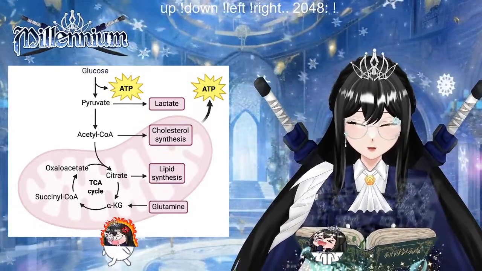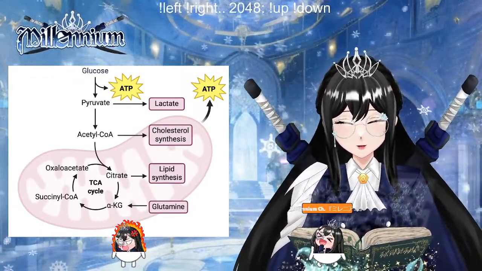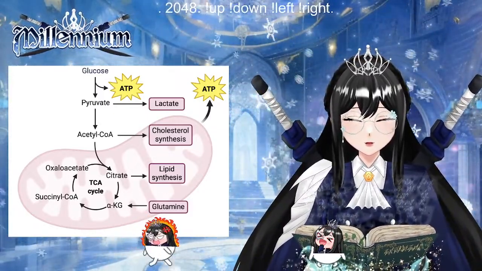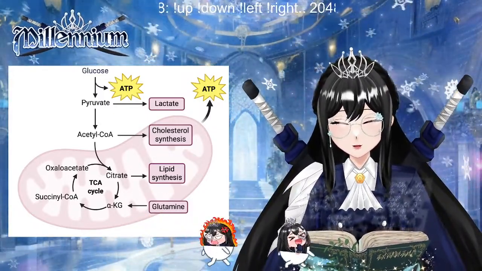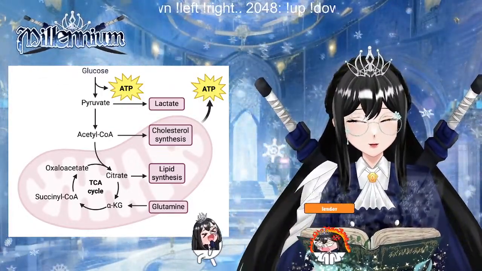Certain compounds have high negative free energy of hydrolysis and are considered high energy molecules. These include phosphoenolpyruvate, which has a negative 14.8, so PEP would really want to go bam. Then 1,3-bisphosphoglycerate has a negative 11.8 kcal per mole.